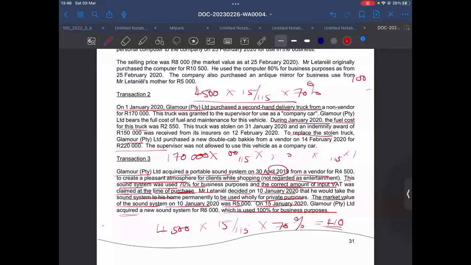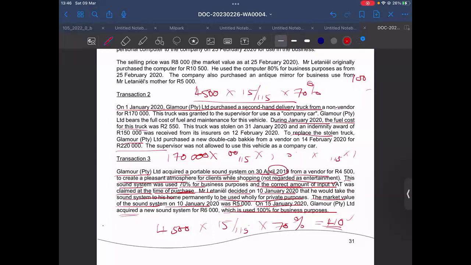The reason why SARS allowed us to claim input VAT is because the asset was used for business purposes. Right, now we have taken the asset for private use. SARS is going to say, now I want my input VAT back. Are we together? We will now need to pay this input which was allowed as a deduction. It was given as a deduction because the asset is used for business use.